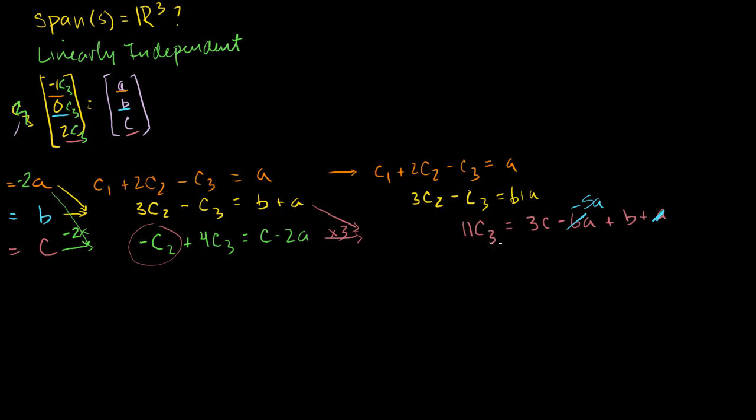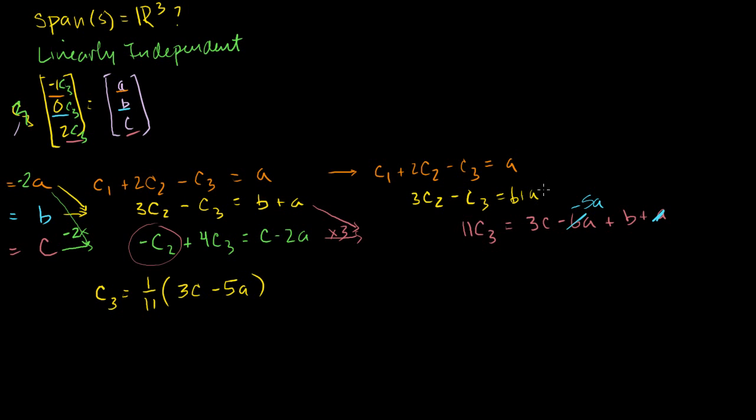And then if we divide both sides of this equation by 11, what do we get? c3 is equal to 1 over 11 times 3c minus 5a. So you give me any a or a c, and I'll already tell you what c3 is. Now what is c2? Let me simplify this equation right here.